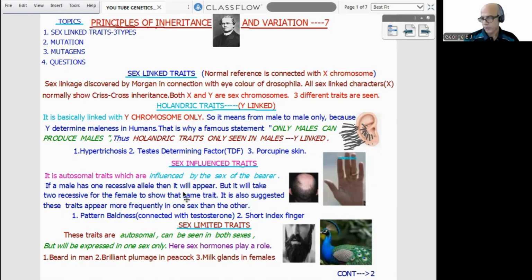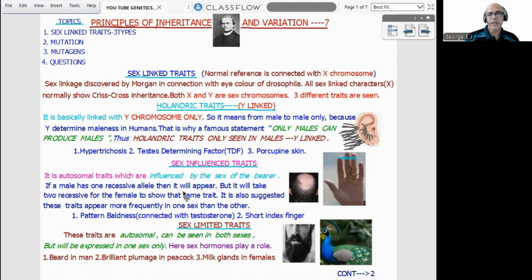Now we can proceed to sex influenced traits, which are influenced by the sex of the bearer. If a male has one recessive allele, then it will appear, but it will take two recessive alleles for the female to show the same trait. It is also suggested these traits appear more frequently in one sex than the other.